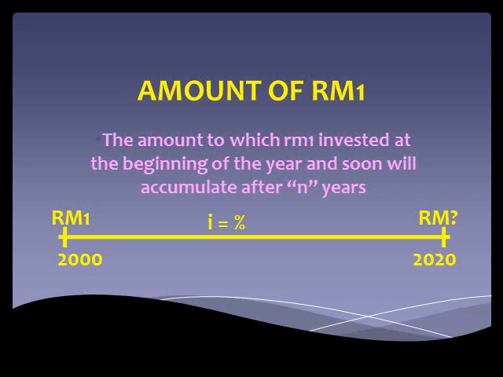So I repeat, the amount of 1 ringgit is the calculation of how much the 1 ringgit you invested accumulates after certain periods of time, maybe 5 years, 10 years, or 20 years, where you need to incorporate the interest given for the investment. That's the amount of 1 ringgit.